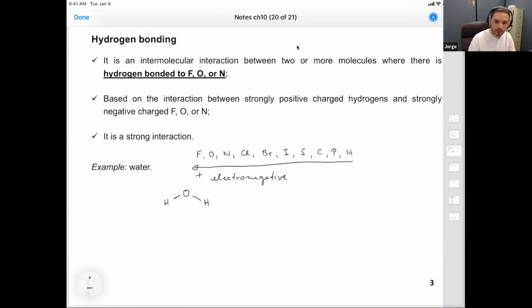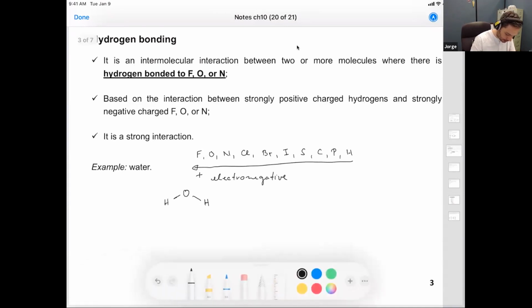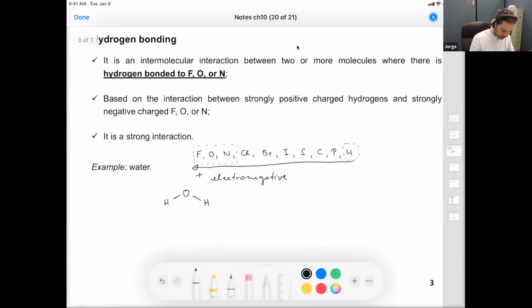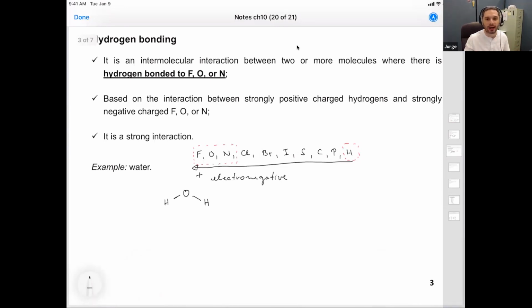Okay, so look here. Note that the electronegativity difference between fluorine, oxygen, nitrogen, and hydrogen is huge. Therefore, it's not even fair for the hydrogen. When hydrogen is bonded to fluorine, oxygen, and nitrogen, the electron pair is almost all to those three elements.